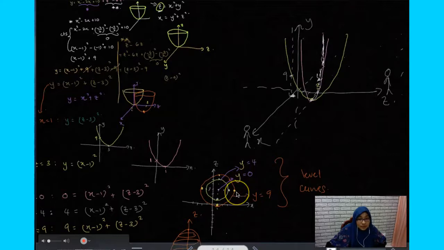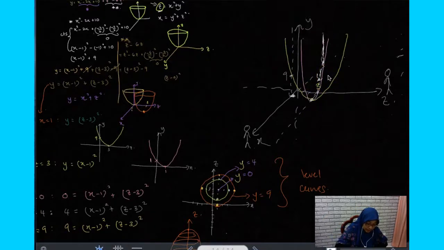And then your level curves, you can see that right on the floor, which is y equal to 0, you can just see a dot right on the floor. And then by increasing the y, you can have a circle, and a circle, and a circle.